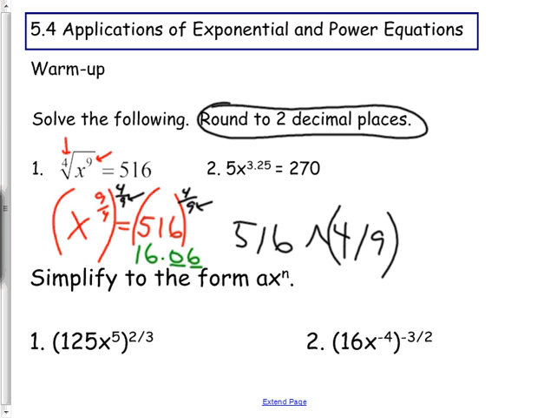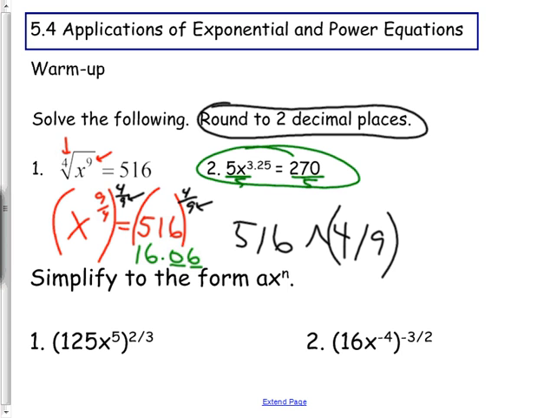Okay, good. This next one, just think of this problem right here as a problem that you could do the normal way, except you're going to have trouble in your head dividing by 5 on both sides, because 270 divided by 5 is a pain. We'll use the calculator for it.